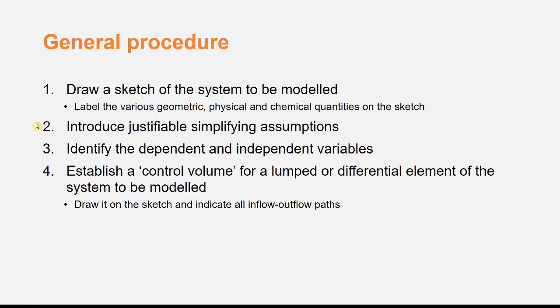Introduce justifiable, simplifying assumptions. Step 3. Identify the dependent and independent variables. Step 4. Establish a control volume for a lumped or differential element of the system to be modeled. Draw it on the sketch and indicate all inflow-outflow paths.